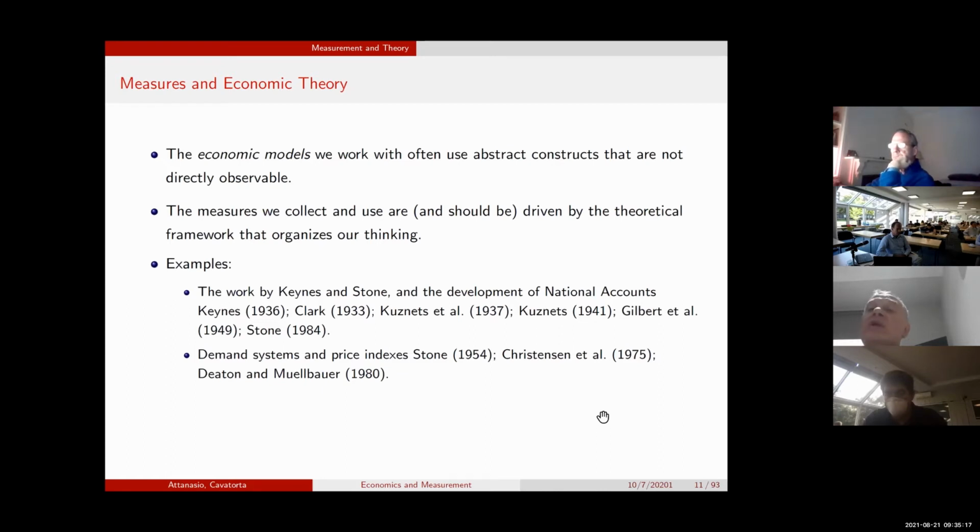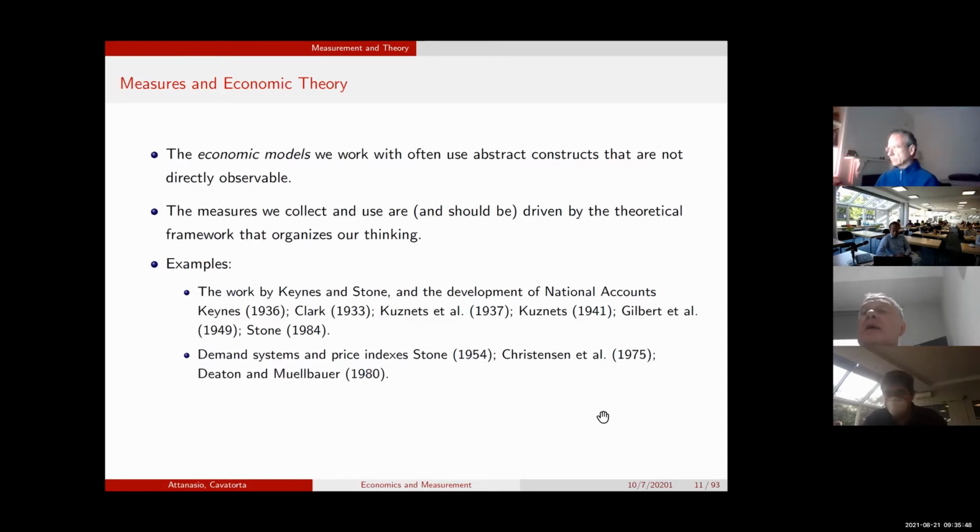Or if you're worried about inflation and you want to construct price indices, and again, Richard Stone was an important contributor to this literature, you have to make reference to a demand system and how you can construct price indices depending on the assumptions on preferences that give rise to demand systems.